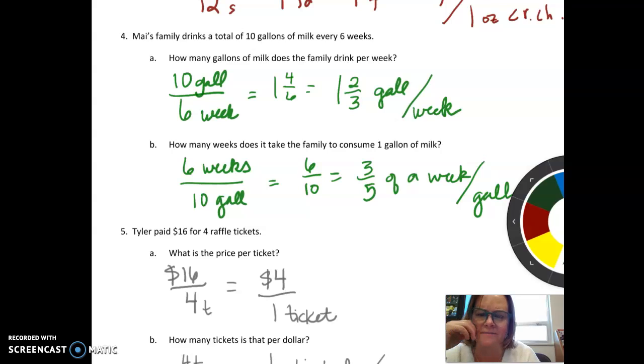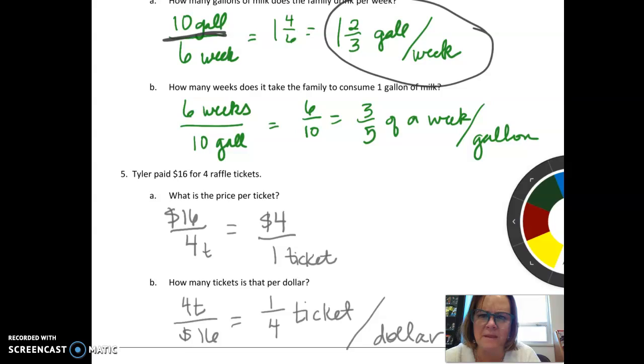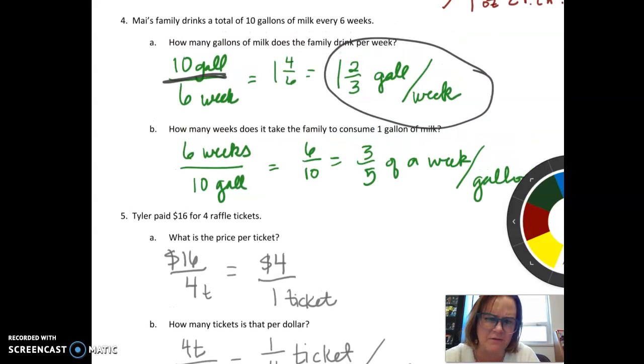All right, number 4. Mai's family drinks a total of 10 gallons of milk every 6 weeks. How many gallons of this is it per week? So we're going to divide gallons per week because we want to know gallons per week. So we do 10 divided by 6, we get 1 2/3 gallons per week. In B, how many weeks does it take the family to consume 1 gallon?